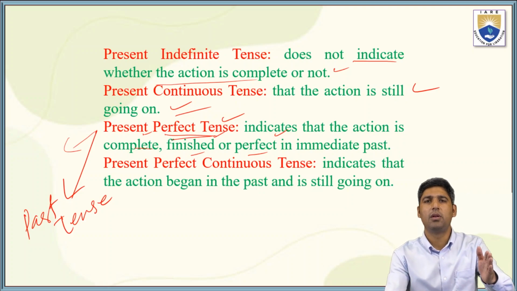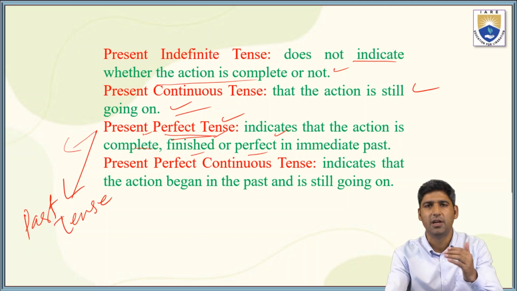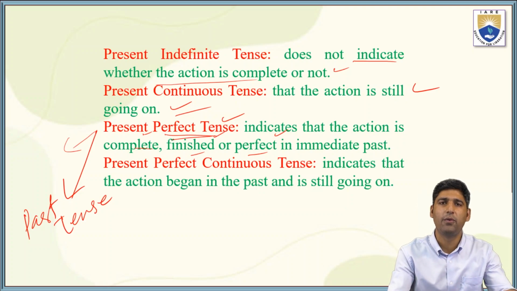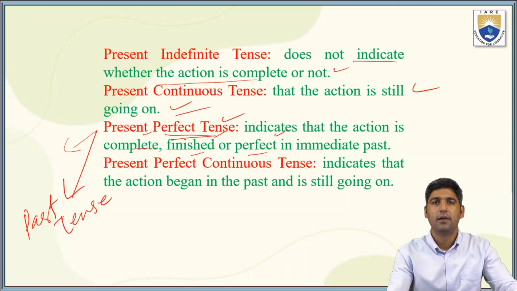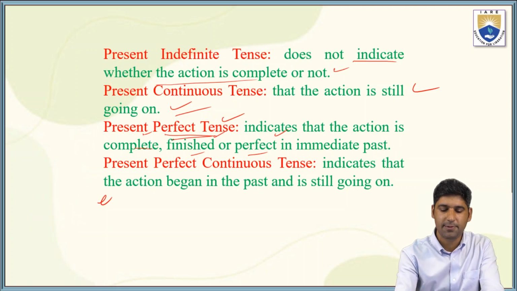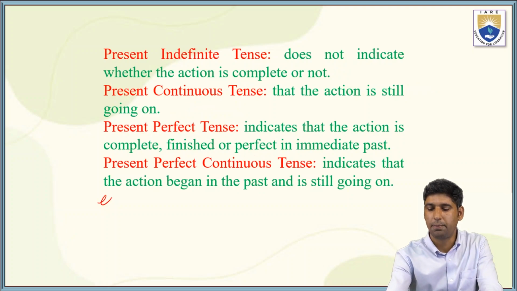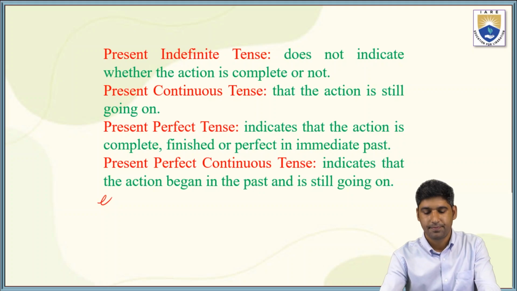It means it has happened or finished some time ago, not a month or a year ago. That can be shown in the past tense. It shows the action completed in the immediate past, but not the long past.